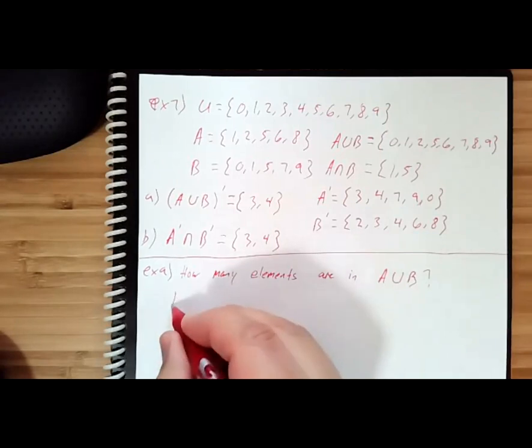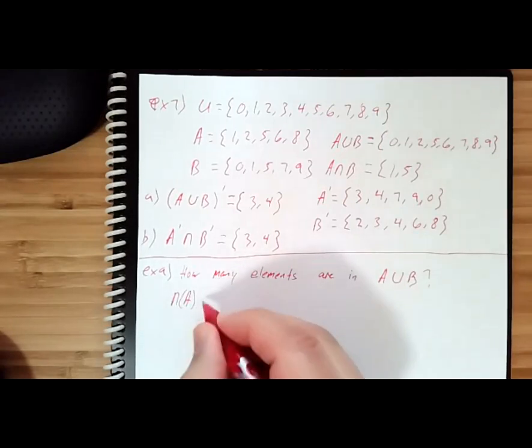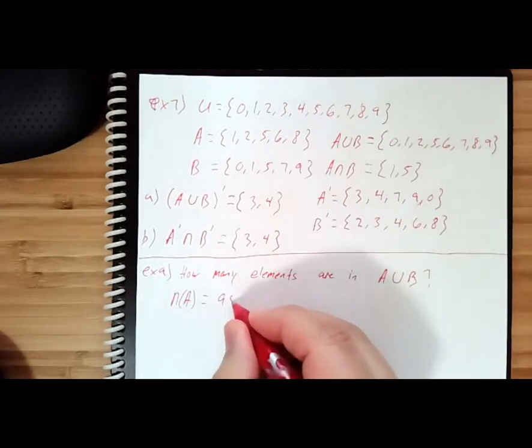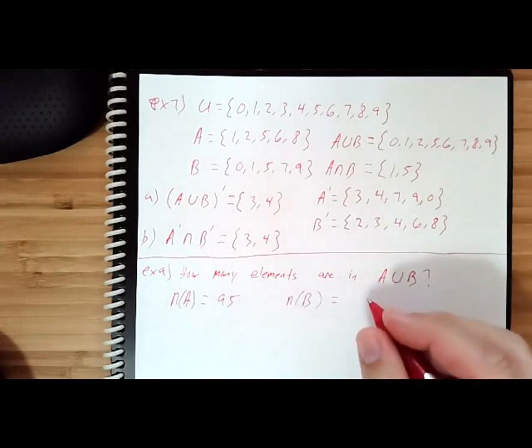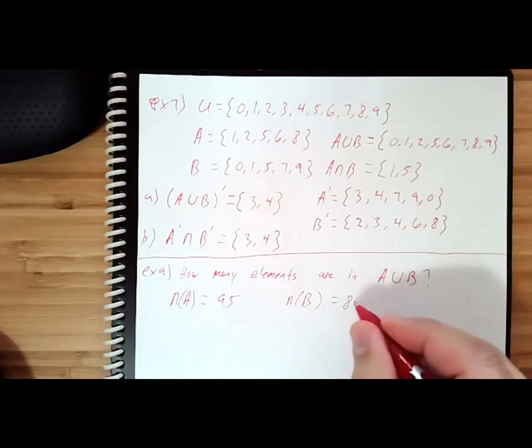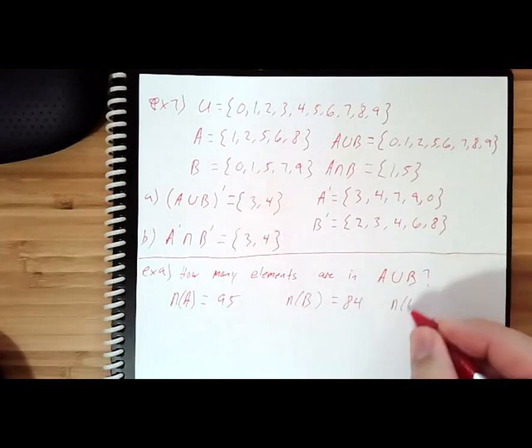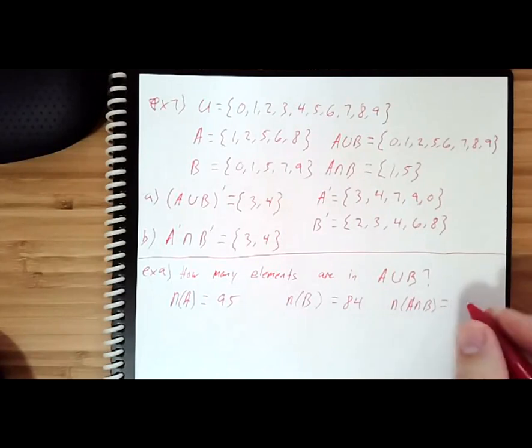So the number of elements in A we said was 95. Number of elements in B is equal to 84. And then the number of elements in the intersection is 25.